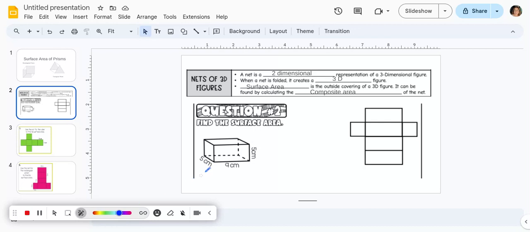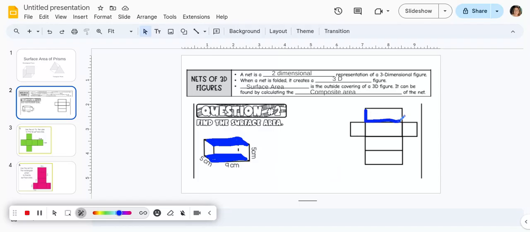If I look at this part of the rectangular prism, they're opposite sides. So these two sides are going to be equal.